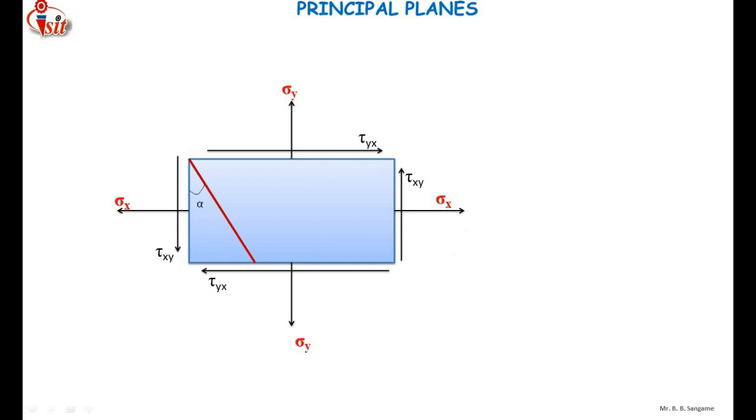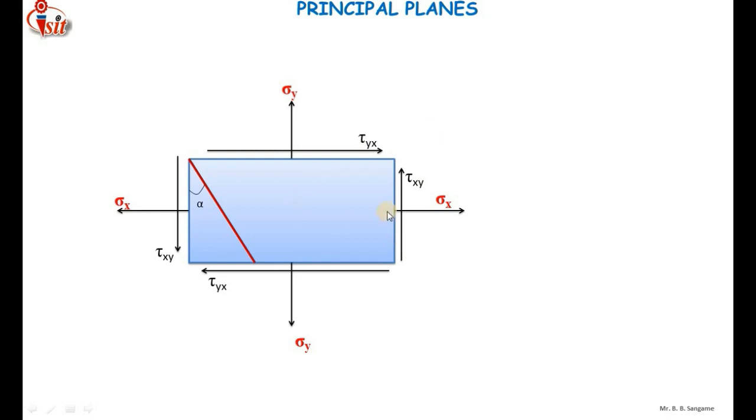On this plane, the applied force in the x direction is actually the stress sigma x. If you extend these two lines, you can see that it is not actually normal to the plane. Also, the stress acting in the y direction is not perpendicular to this inclined plane either.